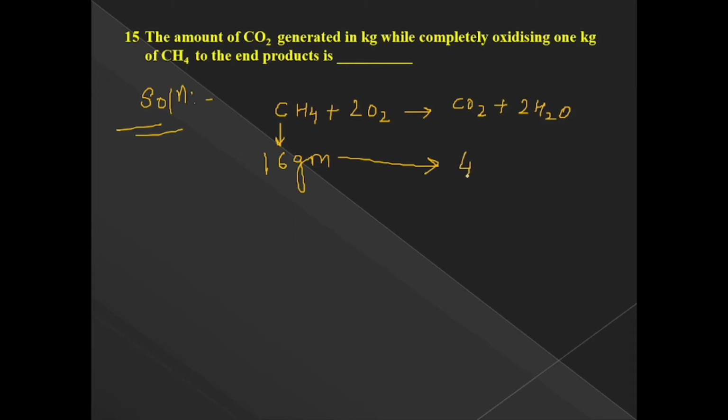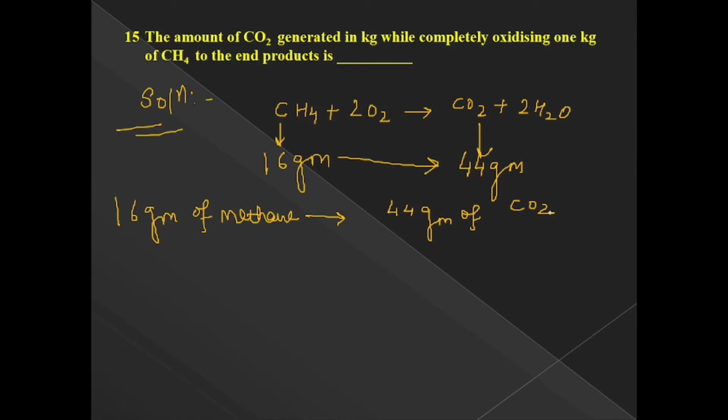So 16 gram of methane gives me 44 gram of carbon dioxide. Carbon is having 12 and oxygen has 16.